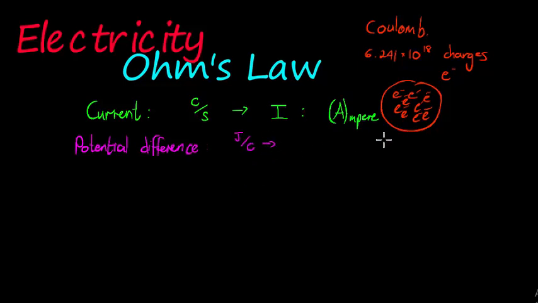Okay, so how much energy does one of these coulombs have? And then the unit is voltage, or volts, and so the potential difference is also sometimes called voltage. Often it's called voltage. Okay, and the symbol that we're going to use is a V. So that one is slightly more simple.